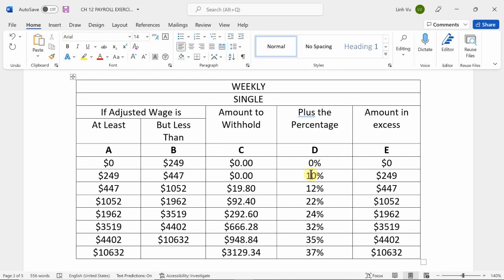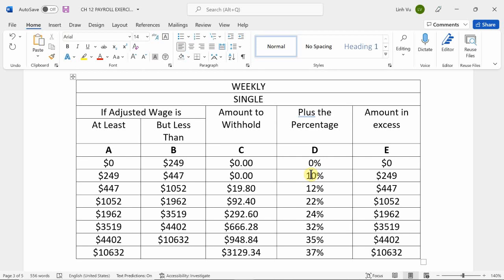What's this 10? Where did it come from? How much the tax? That's what you're figuring out right now. How much tax are you going to charge her? It's the percentage. This is why you're using the table to figure out what percentage you're going to calculate for her.